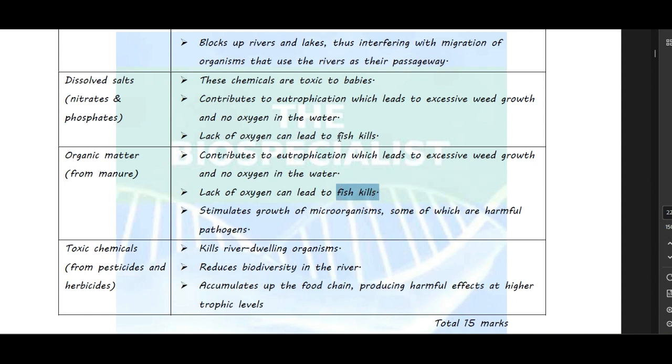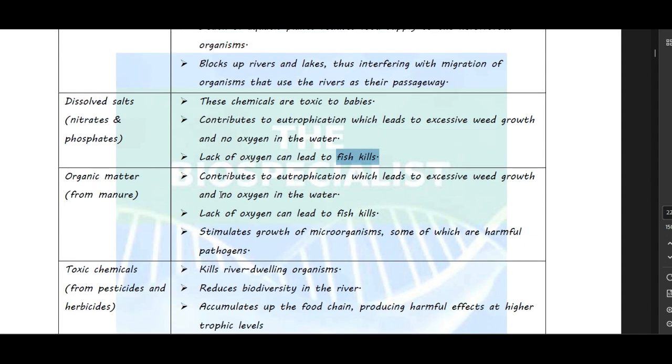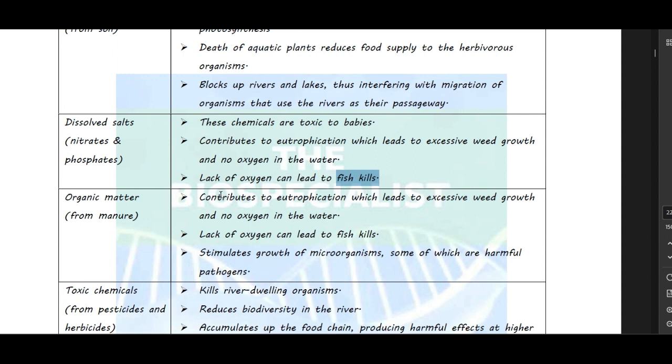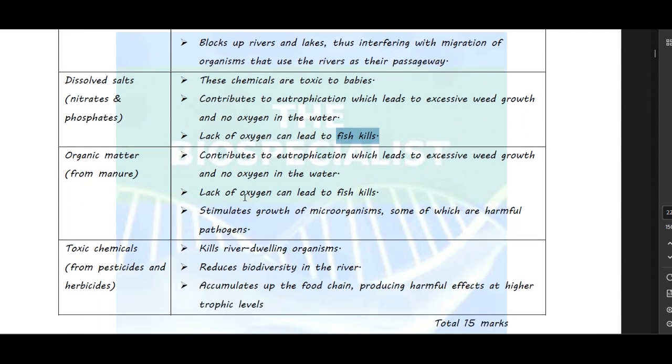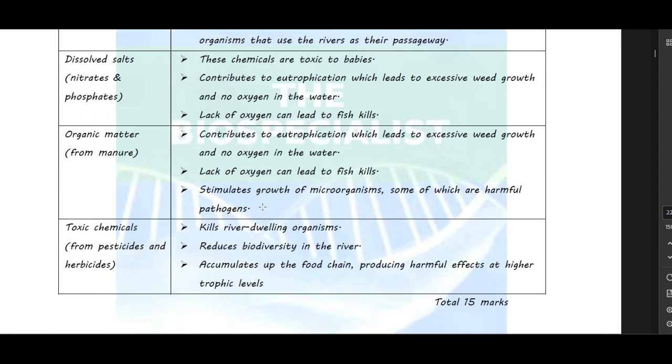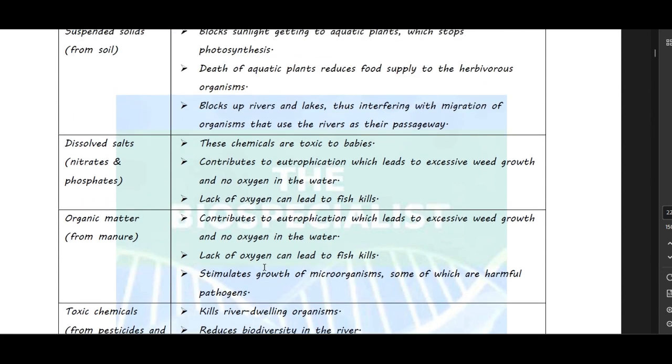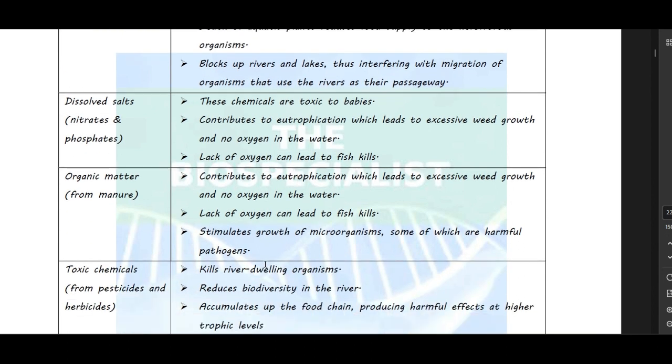It can also come from the dissolved salts, right? Toxic chemicals too. You can get eutrophication from here, and you can get eutrophication from here. So the nitrates, the phosphates, the manure, both of them can lead to eutrophication. Yeah. So any of these you can use in your answer.